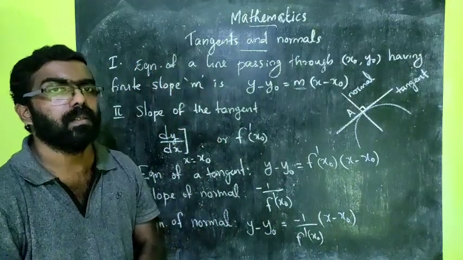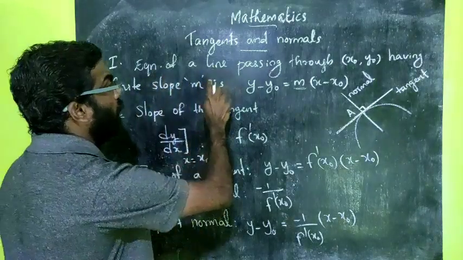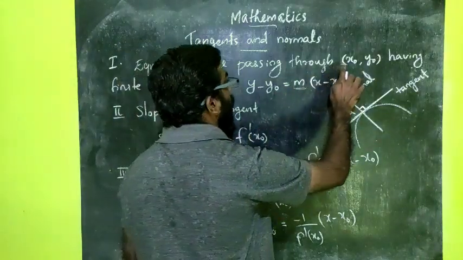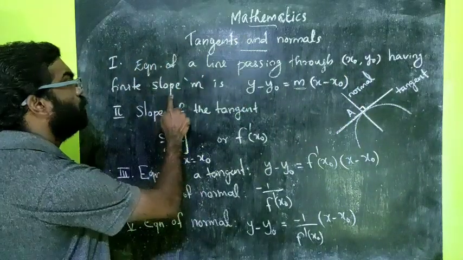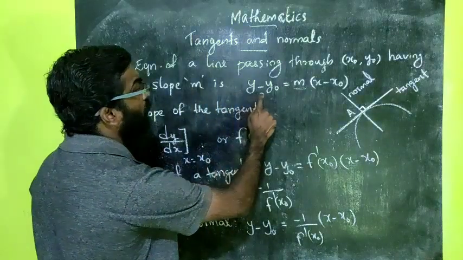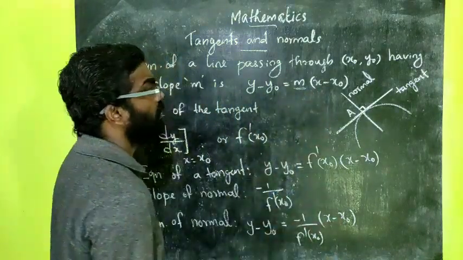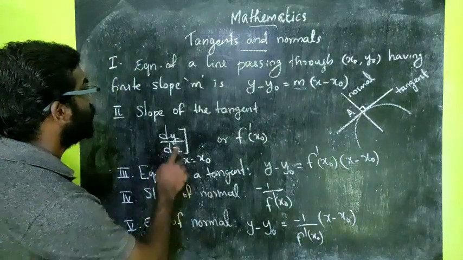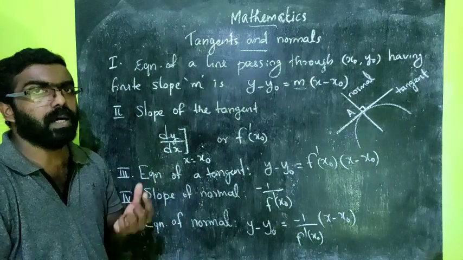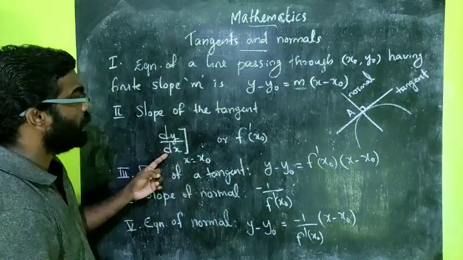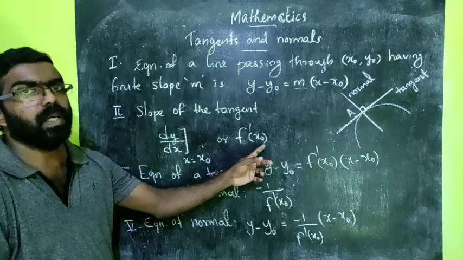and normals. I repeat. First one, the equation of a line passing through the point x0, y0 having finite slope m is given by y minus y0 equal to m into x minus x0. Then the slope of the tangent line is the first order derivative at that point, so dy by dx at x equal to x0, or we can write f dash of x0.